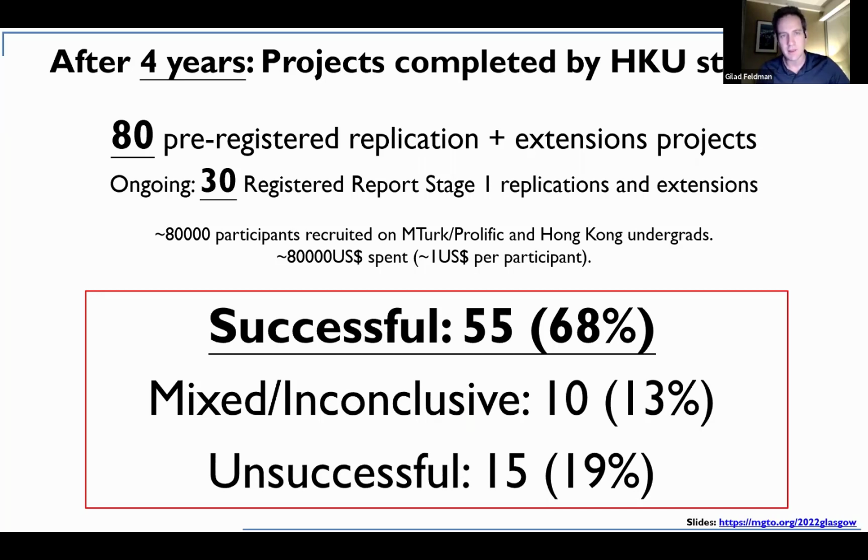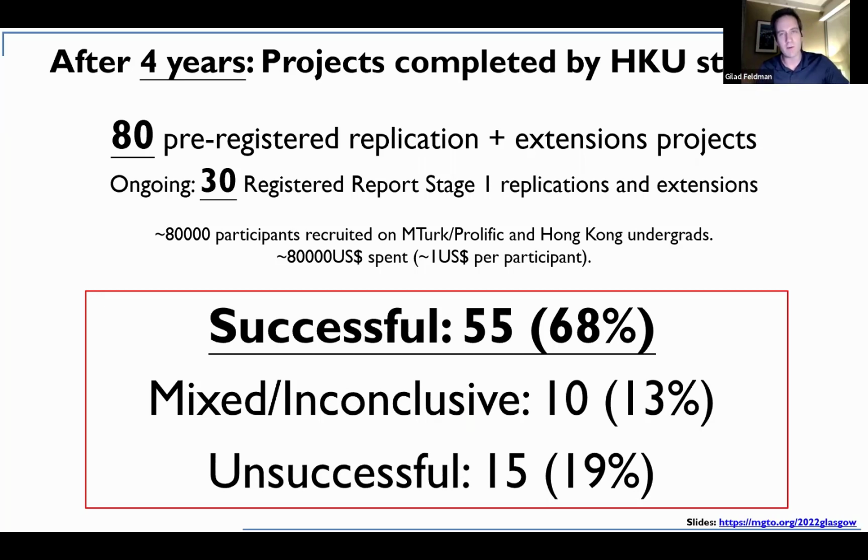But I think the big takeaway from this for me is not just that the judgment and decision making literature is perhaps more replicable than others, but that students and undergraduate students in a place like Hong Kong, working with a first year, second year assistant professor who's a nobody, are able to run this at mass scale and get to a very high success rate of replications.